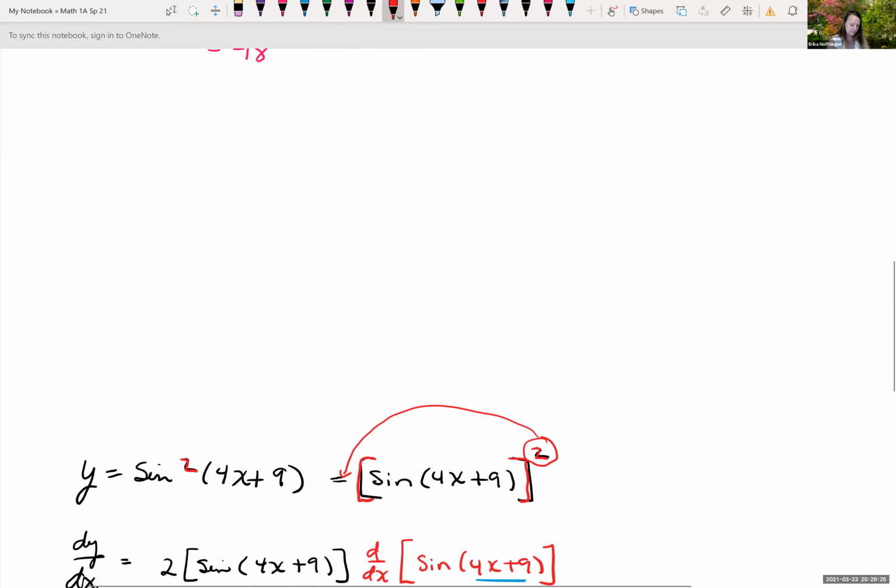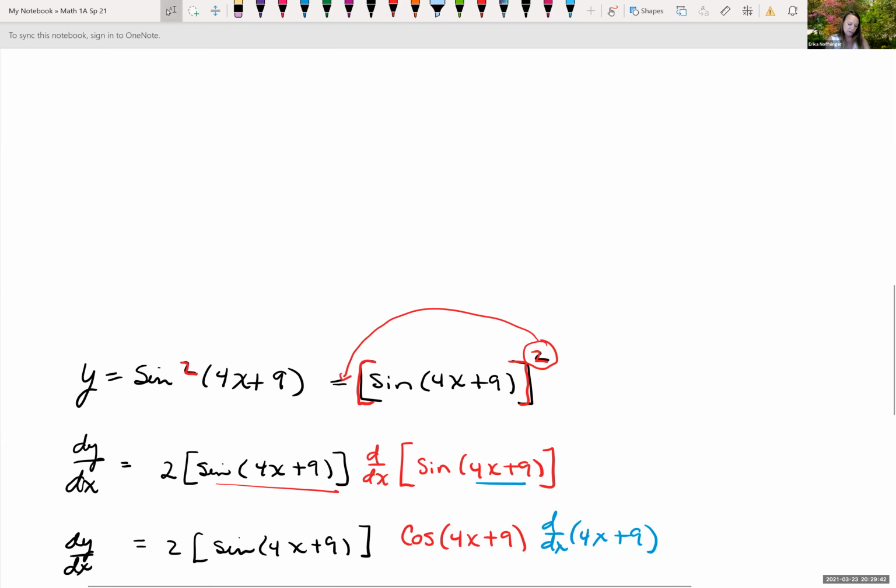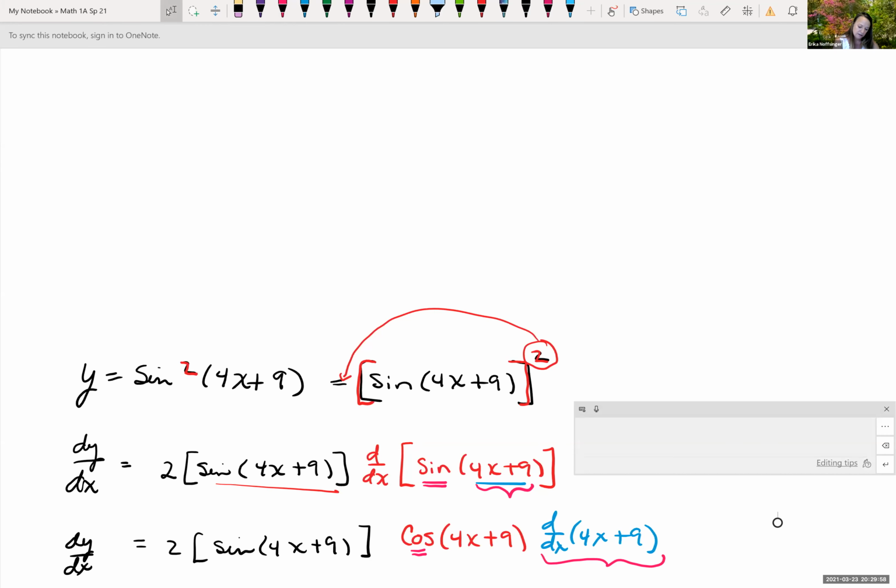That's our outer function, sine of the inside, which is sine of 4x plus 9, times the derivative of the inside. Notice when we take the derivative of the inside, we're going to have to use the chain rule again. The derivative of the outer function, which is sine, is cosine of the inner piece, 4x plus 9, times the derivative of the inner piece, which is 4x plus 9.